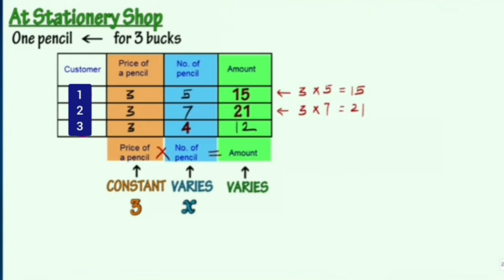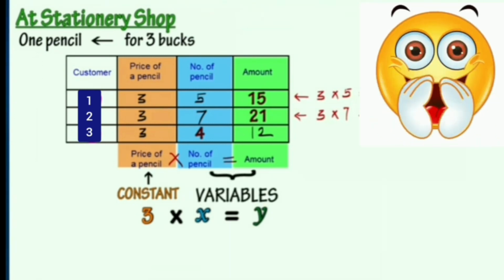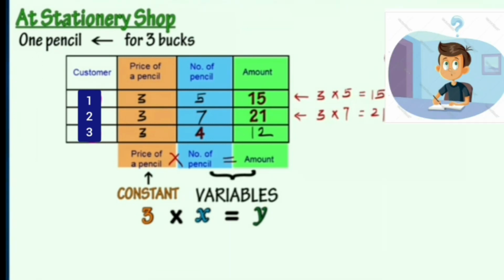So if we denote the number of pencils by x and the total amount by y, in general we can write it as 3x equal to y. Now note that here x and y are unknown values, not fixed, these are varying. Hence in algebra unknown numbers are known as variables.